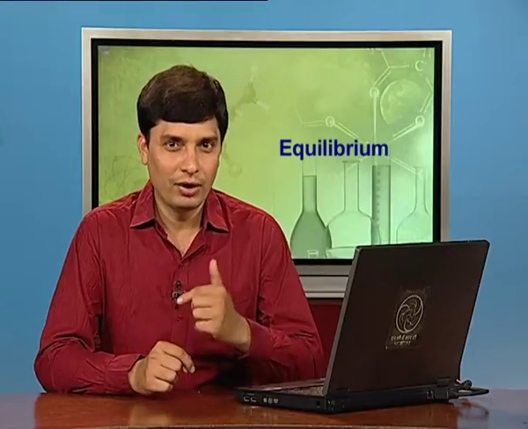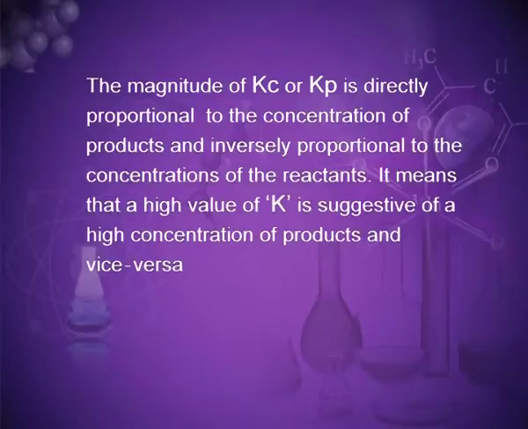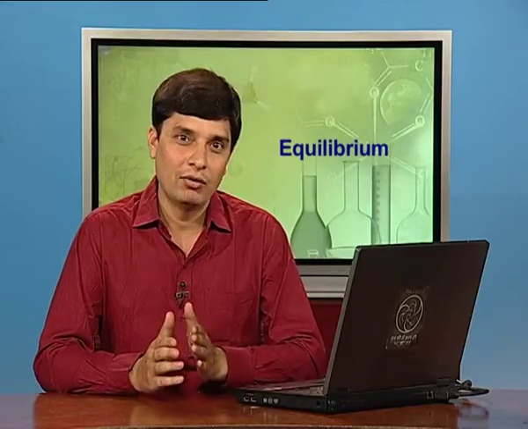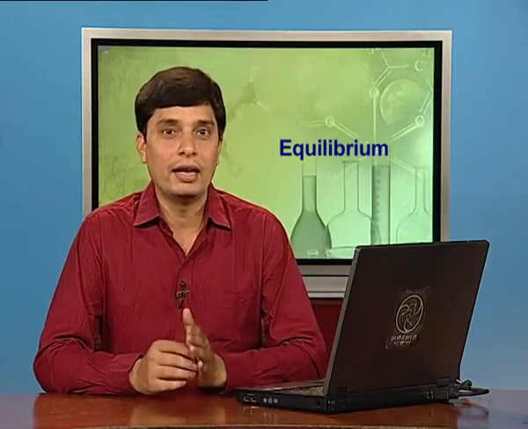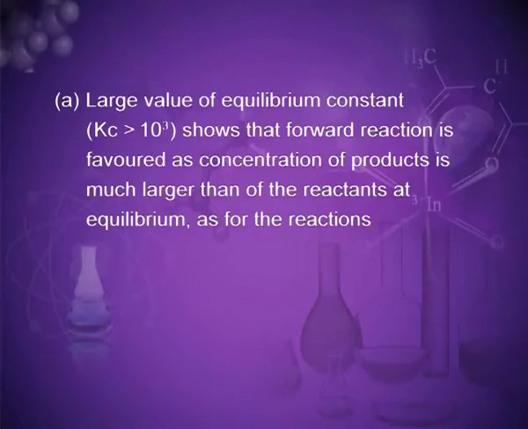The magnitude of Kc or Kp is directly proportional to the concentration of products and inversely proportional to the concentration of the reactants. It means that a high value of K is suggestive of a high concentration of products and vice versa. We can make the following generalizations regarding the composition of the equilibrium mixture.